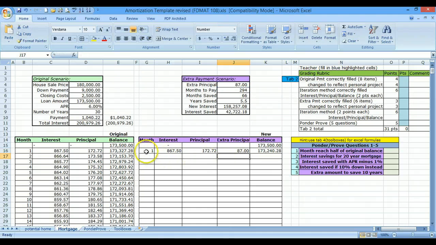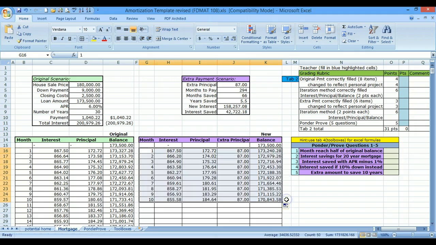So this should be good to go, but I'm not going to go all the way to the end yet. I'm just going to go down a couple, make sure it's working. It looks great. If you want to double check in your book or in your PDF, you can go to month 6 and it says $860.94. Good, that matches. Principal was $179.28.